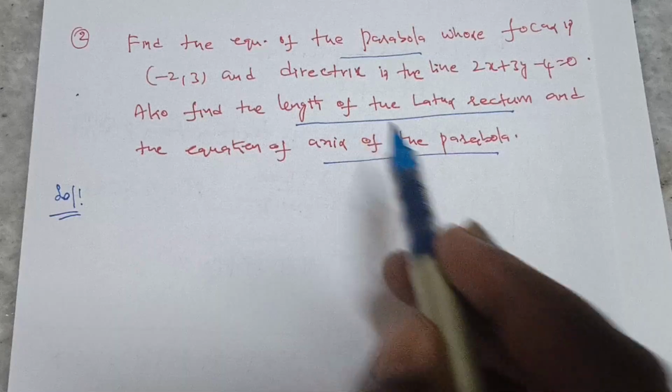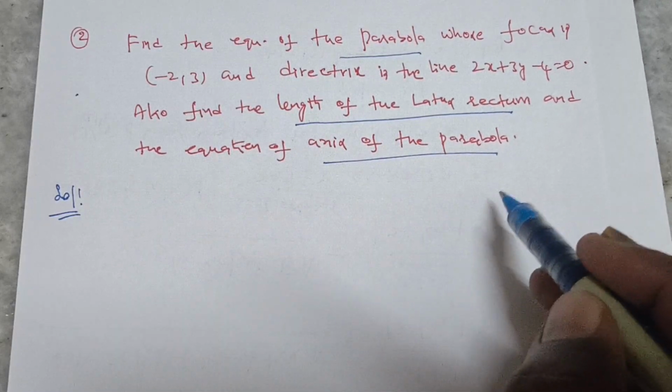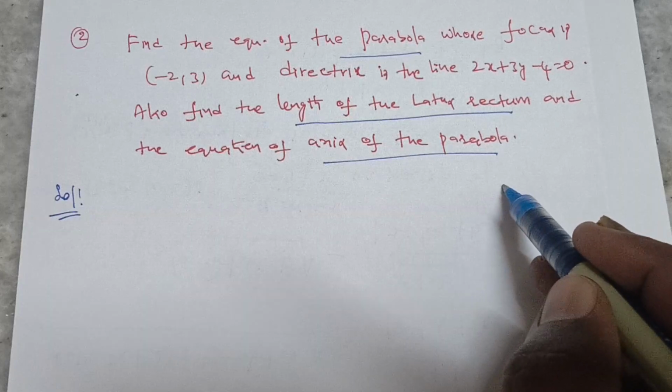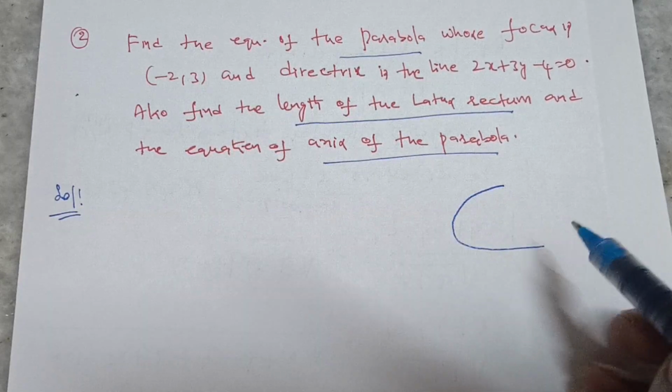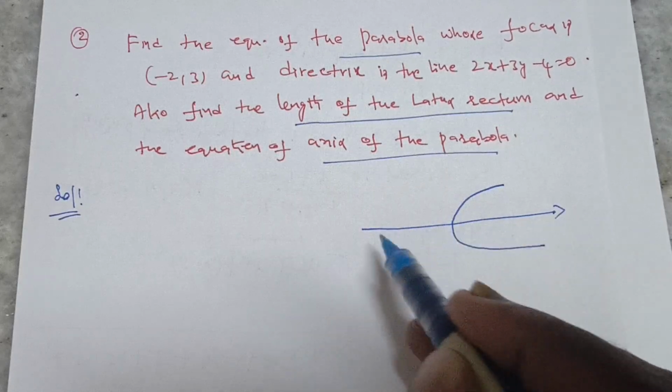From the given information, we will draw a rough diagram of the parabola. Suppose this is a parabola and this is the axis of the parabola.